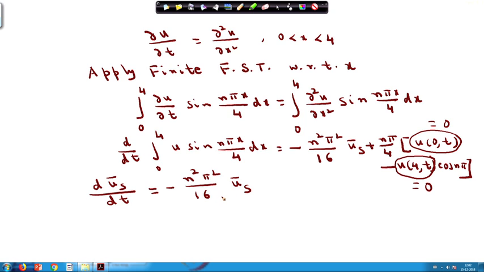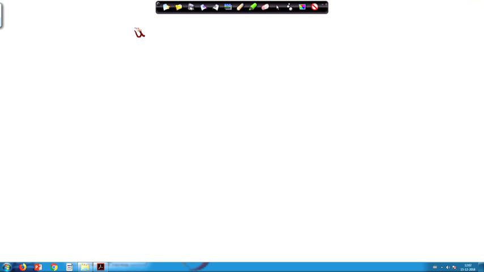Directly I can write down the solution of the ODE as ū_s equals A into e to the power minus n²π²t/16. You can go through this; simply you can write ū_s equals A e^(−n²π²t/16).